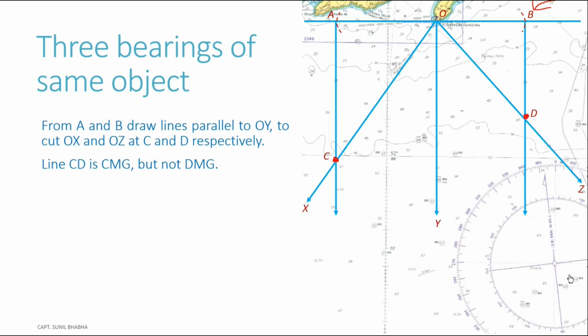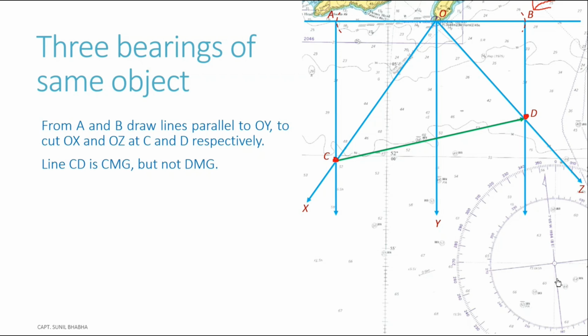Now let's join these 2 points, C and D. This line CD gives me my course made good.